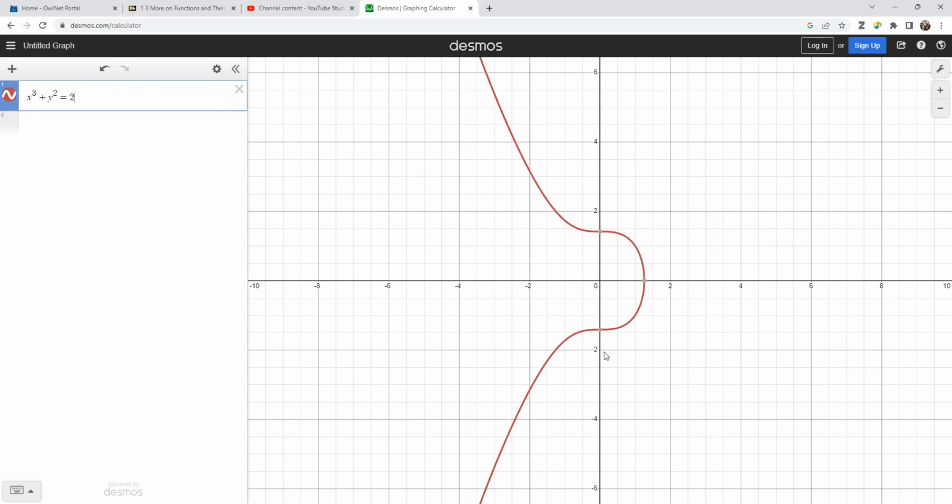Okay, so that's an interesting looking graph. We can see we have symmetry over the x-axis, right? If I take the top half and I flip it over the x-axis, it looks exactly like the bottom half. It is not symmetric about the y-axis, right? If we look at the right-hand side versus the left-hand side, not the same, and also not flipped over the origin. Remember, to do that you have to flip over the x and over the y.